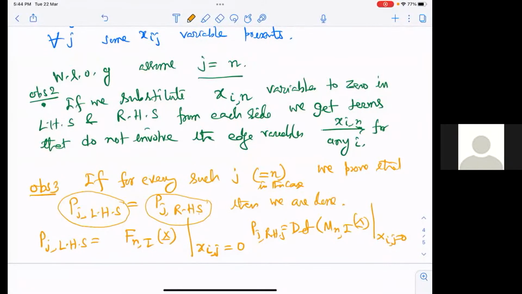Then we know that the leafy variable j is there, so pj LHS has to be different from pj RHS, but I have already proved that they are equal. So this is enough. Can you repeat this part also? Yeah.